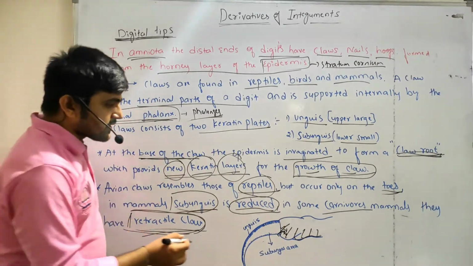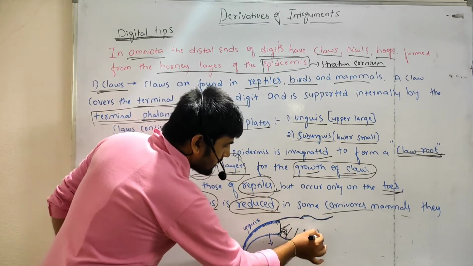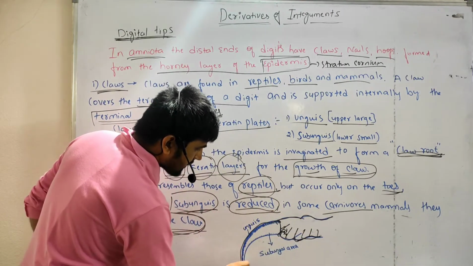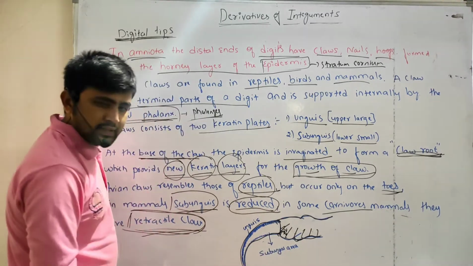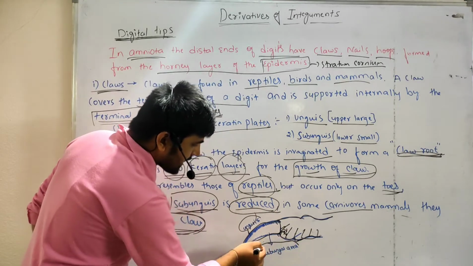If you see the structure here, this is the distal end of the claw, right? This is the distal end and this is the claw. This upper layer is the anguis and the lower one is the subanguis.